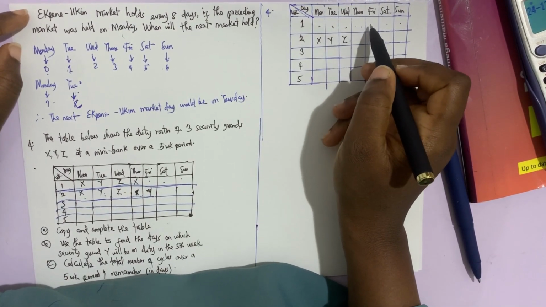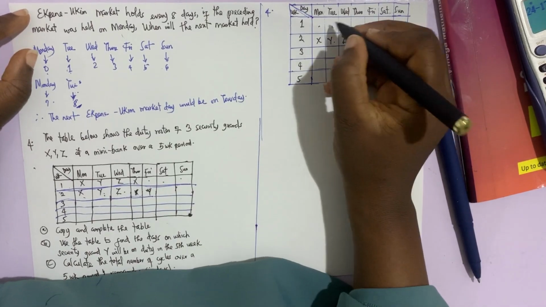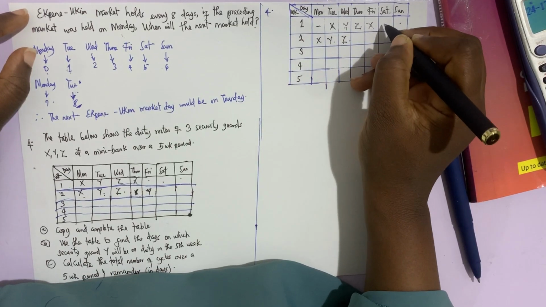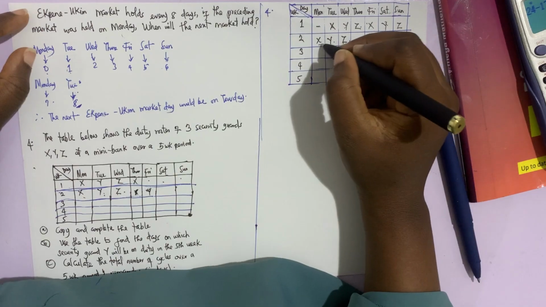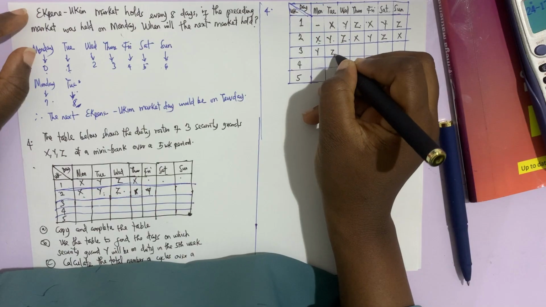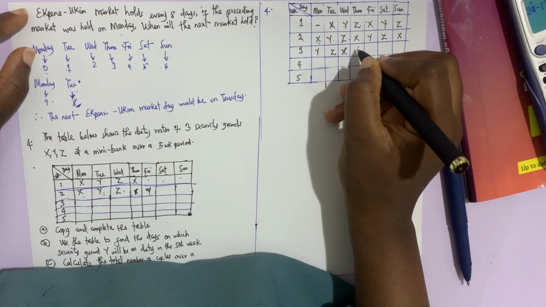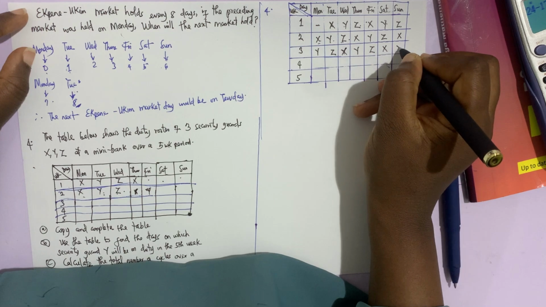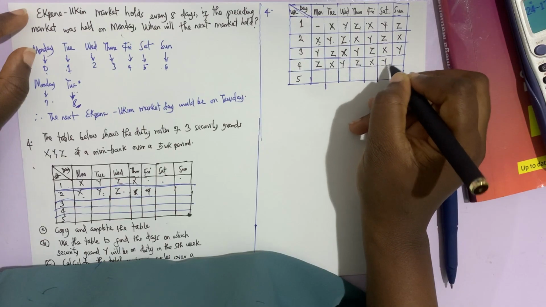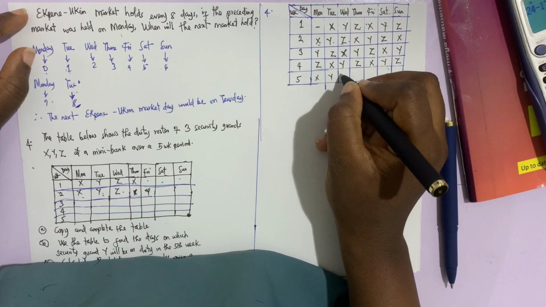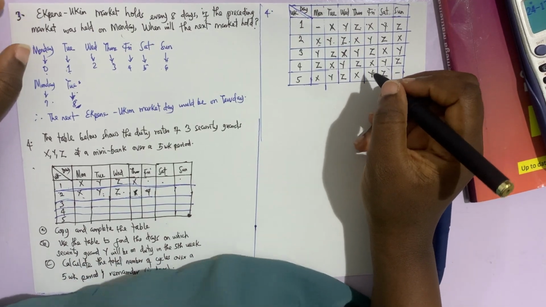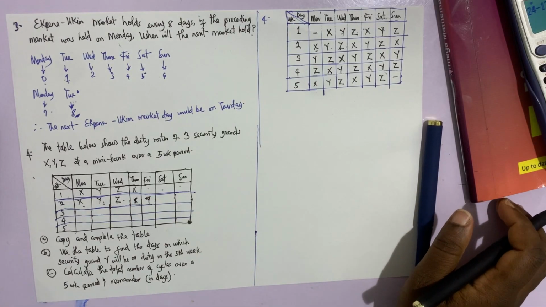We do X, Y, Z, X, Y, Z, X, Y, Z, continuing like that until the end, and that's where we stop. So we have completed the table as requested.